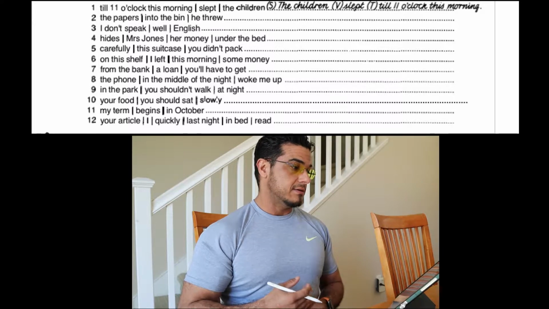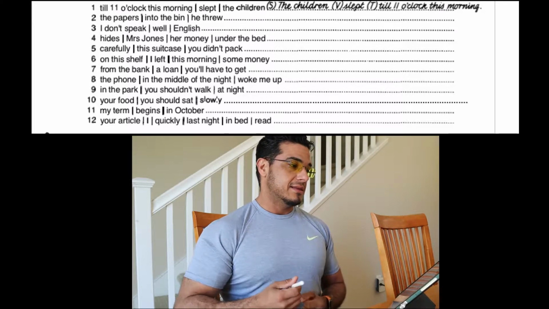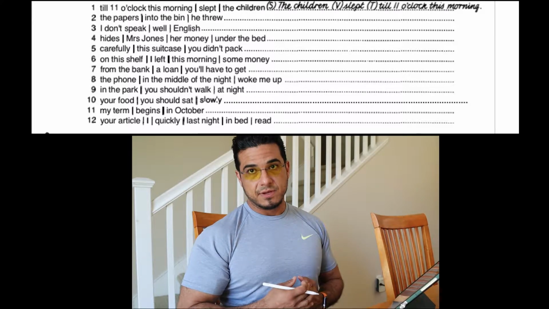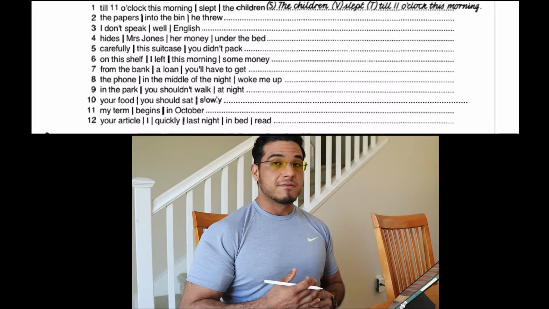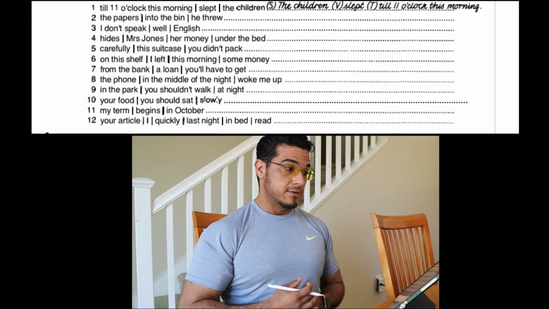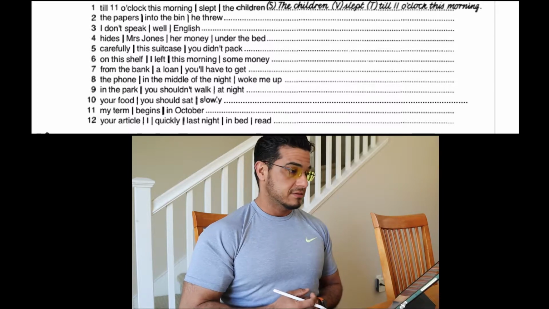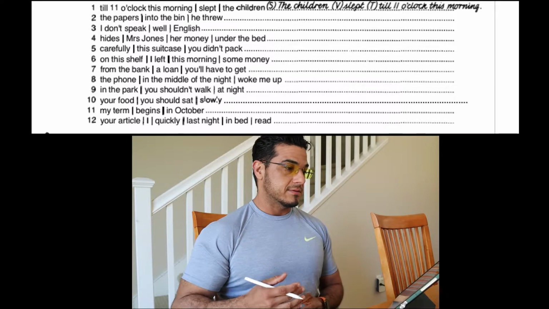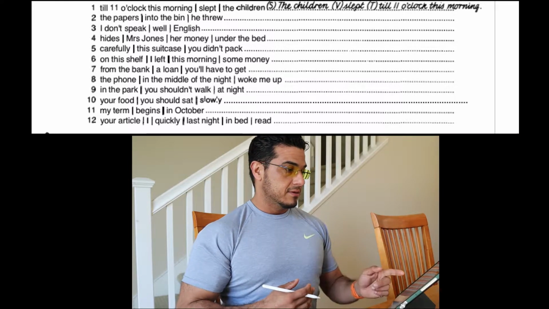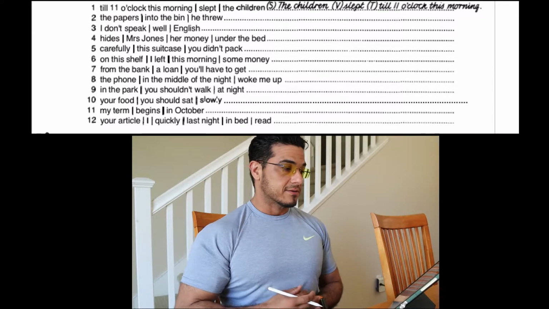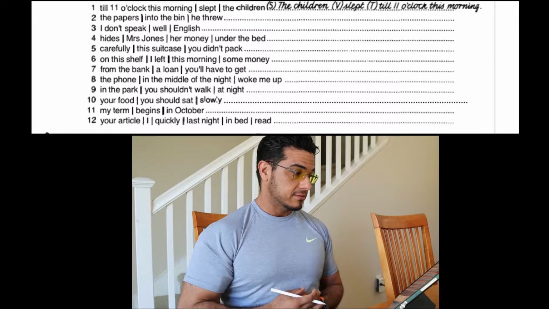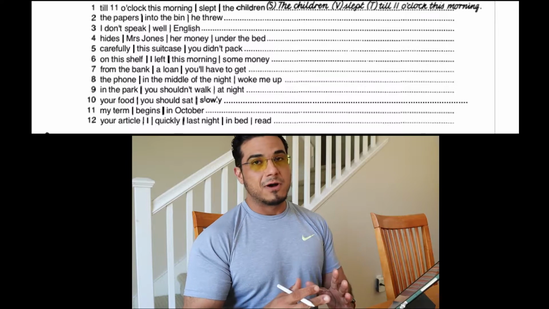Number 6, on the shelf, I left this morning some money. And number 7, from the bank, a loan you'll have to get. Number 8, the phone in the middle of the night woke me up. Number 9, in the park, you should sat. You shouldn't walk at night.